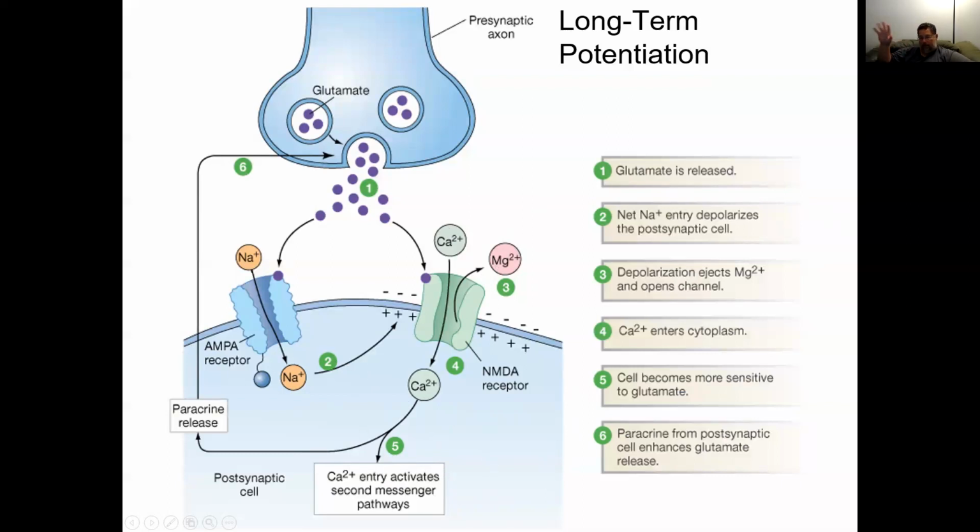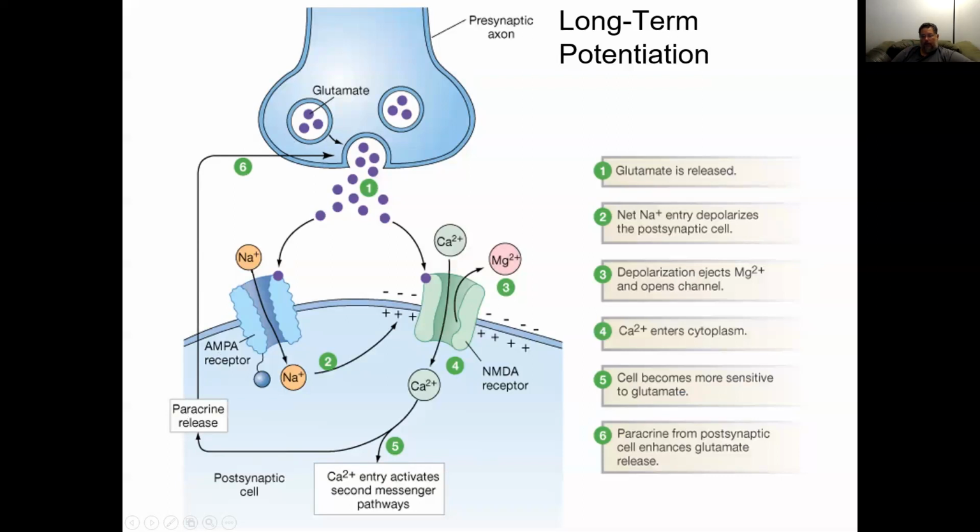So it's kind of like the G-related protein that we saw in the previous one. But either way, realize that there is a chemical cascade that takes place, and we call that secondary messenger pathways, with this calcium flowing in, that changes the neuron. Different proteins might be formed and so forth. But ultimately, it might cause the release of paracrines that travel back to the presynaptic neuron.